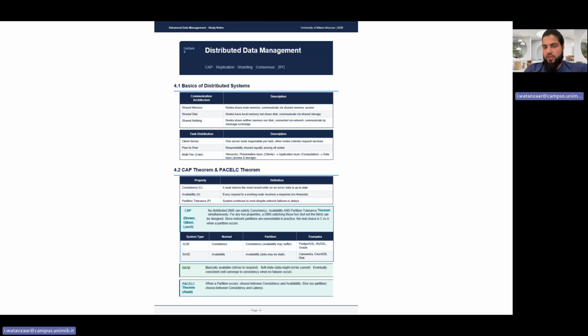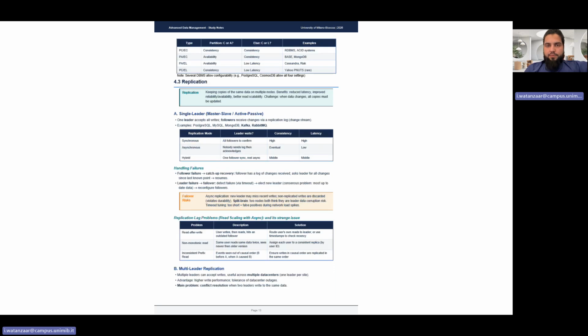They say when partitions occur, choose between consistency and availability. We discussed that, but there is also the else case, where no partitioning is happening. So what will happen? Choose between consistency and latency. Consistency remains the same, and latency is now another important aspect here. So let's develop based on this more.